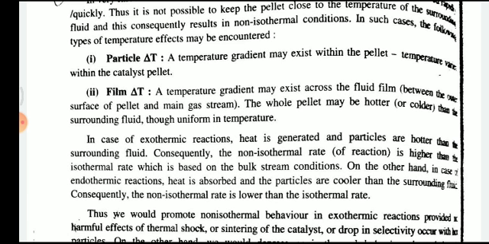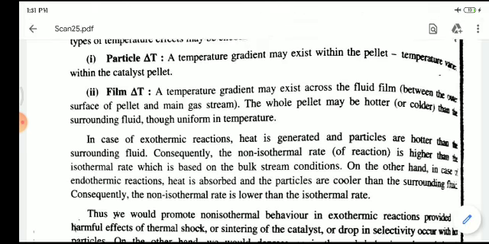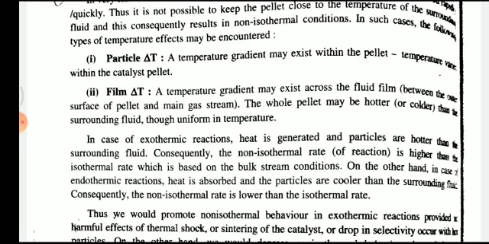Film delta T. A temperature gradient may exist across the fluid film, between the outer surface of the pellet and the main gas stream. So the whole pellet may be hotter or colder than the surrounding fluid, though uniform in temperature.